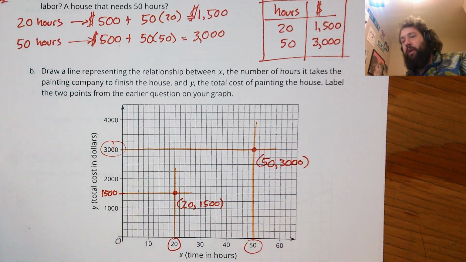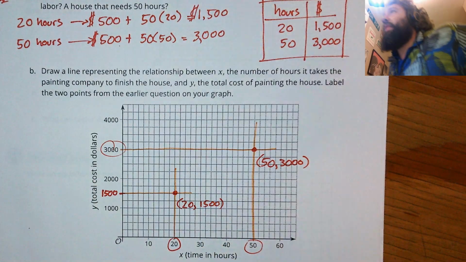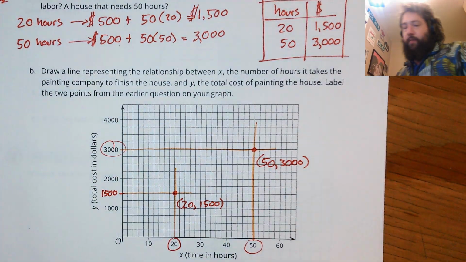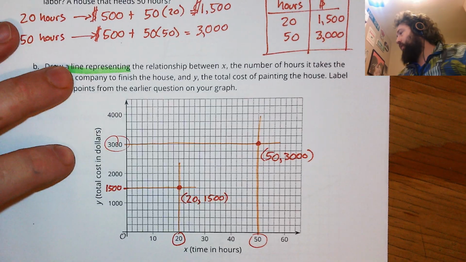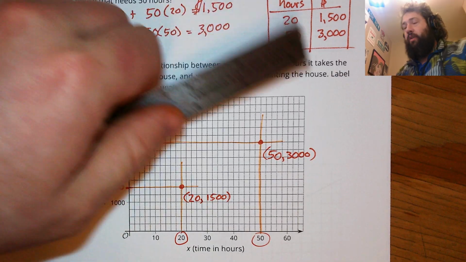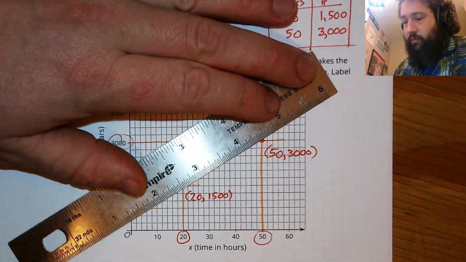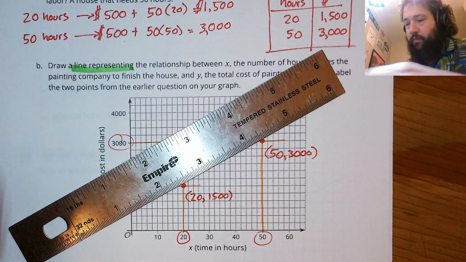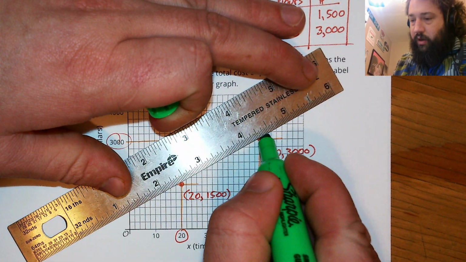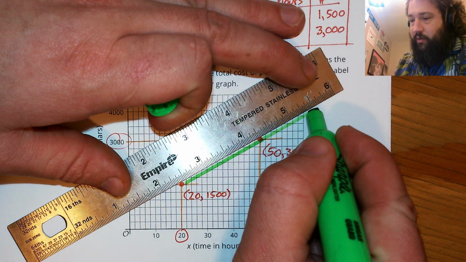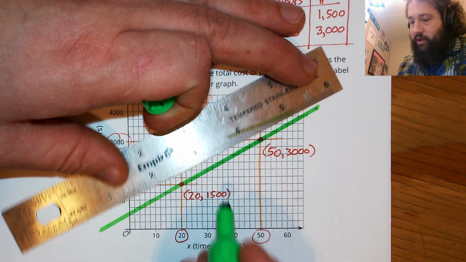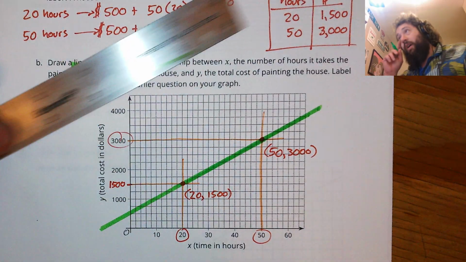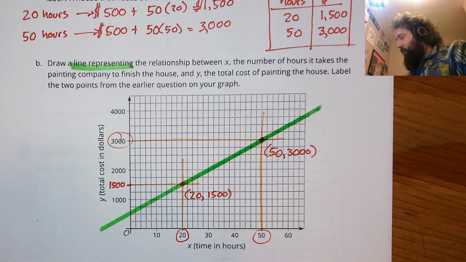All right. And then they want a line representing this. So I can just go ahead and connect these with a ruler. Now, if we did this nicely, we're going to see something really cool with where this touches the y-axis. So here's my line coming through.